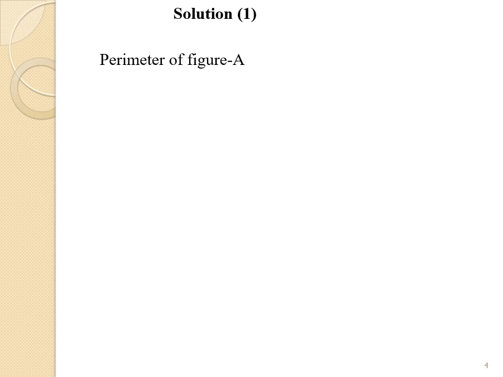Thus, adding all the given lengths of figure A such as 4 centimeters, 2 centimeters, 1 centimeter and 5 centimeters, we get 12 centimeters. Thus, the perimeter of figure A is 12 centimeters.